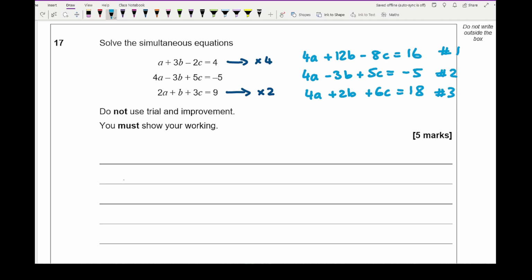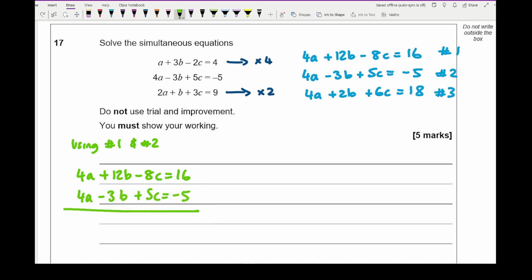Now what you want to do is to get two equations, solving this using the more GCSE style of simultaneous equations. Using #1 and 2, I get 4a plus 12b minus 8c equals 16, and I've got 4a minus 3b plus 5c equals minus 5.